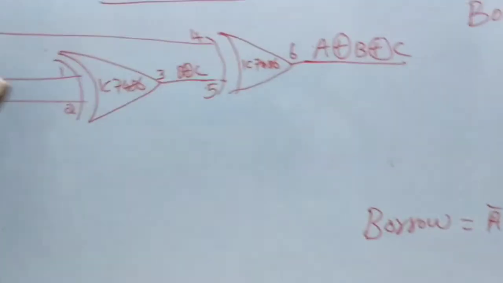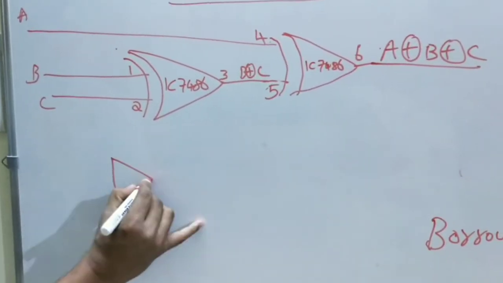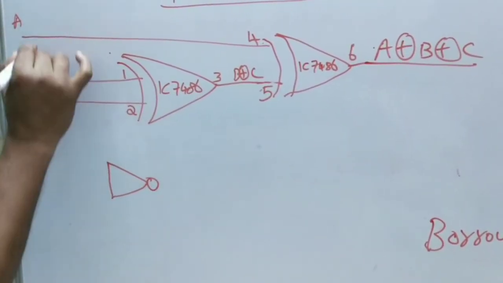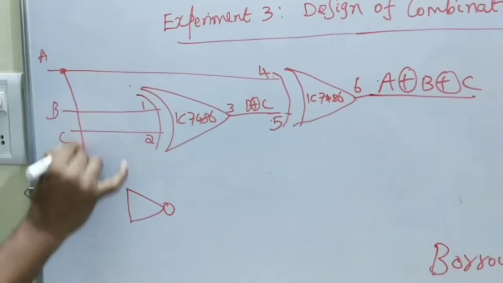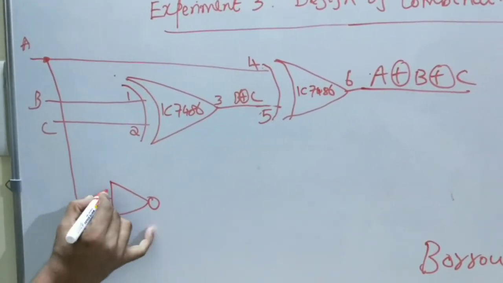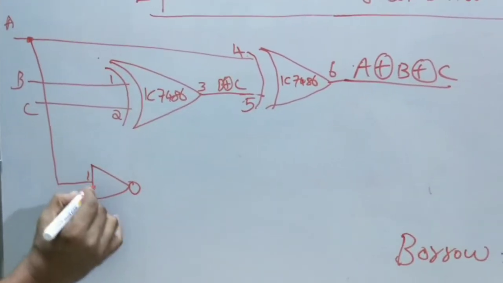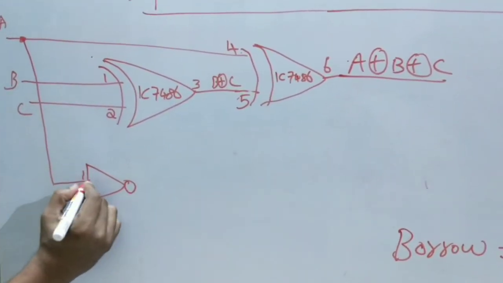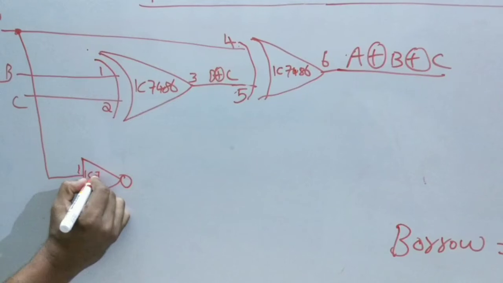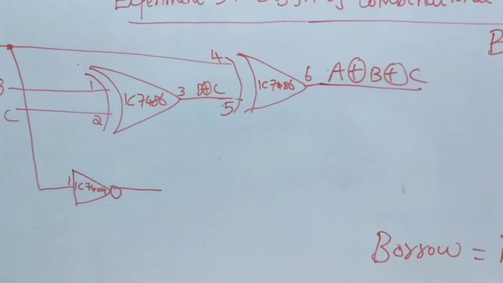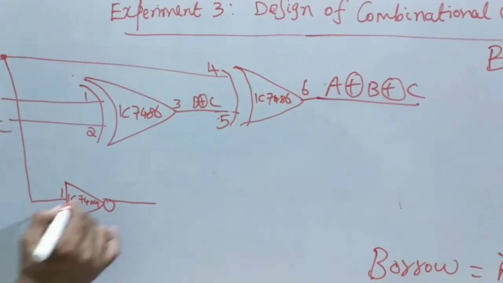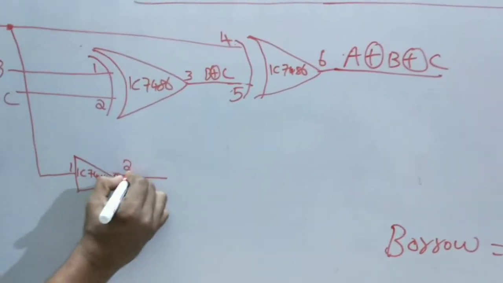A dash. A dash means we need one NOT gate, that is we are going to take the value of A from pin number 4 and connect it to the input pin of the NOT gate, the first input pin of IC 7404. I am going to take this A dash from the output pin.